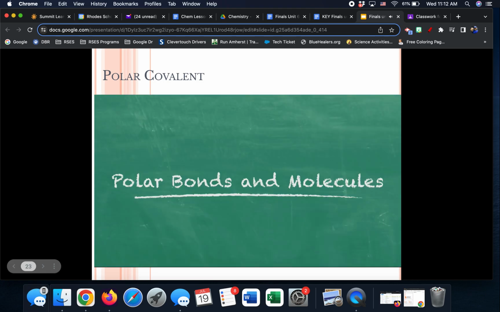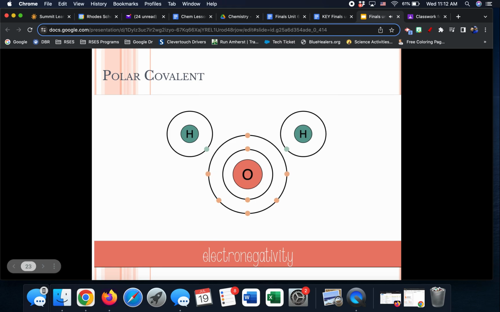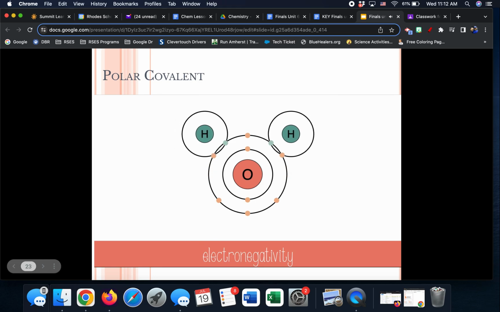Let's look at hydrogen atoms that bond with an oxygen atom. These atoms are sharing electrons, which makes this a covalent bond. But here's the thing. Oxygen has 8 protons in the nucleus, and each hydrogen only has 1 pathetic proton in their nuclei. The ability for oxygen to attract the electrons is stronger than hydrogen's ability.